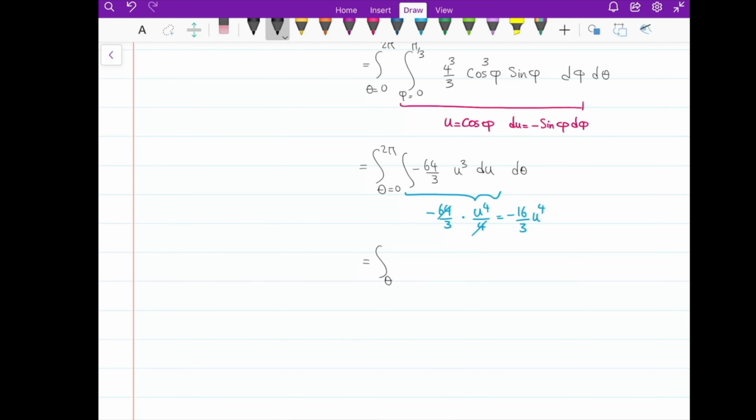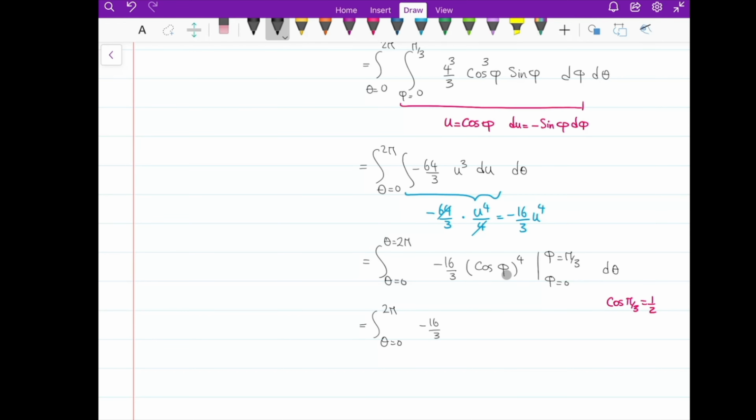So it would be the integral still from 0 to 2 pi, and then negative 16 over 3, and u is cosine phi, so I'm gonna replace it with cosine phi to the power of 4, and phi is from 0 to pi over 3, and then don't forget the theta. So theta from 0 to 2 pi, negative 16 over 3. Cosine of pi over 3 is basically 1/2.